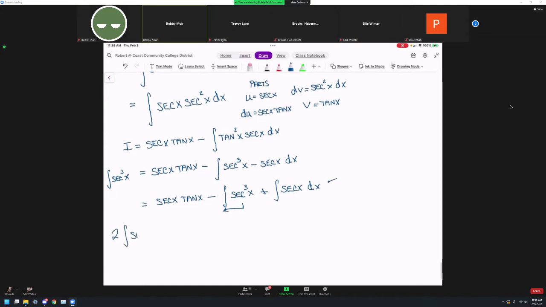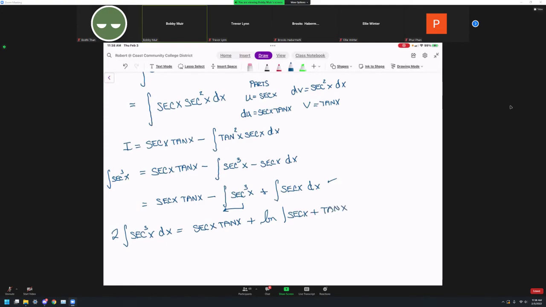So two integrals of secant cubed x dx is equal to secant x times tan x plus the natural log of secant x plus tan x.